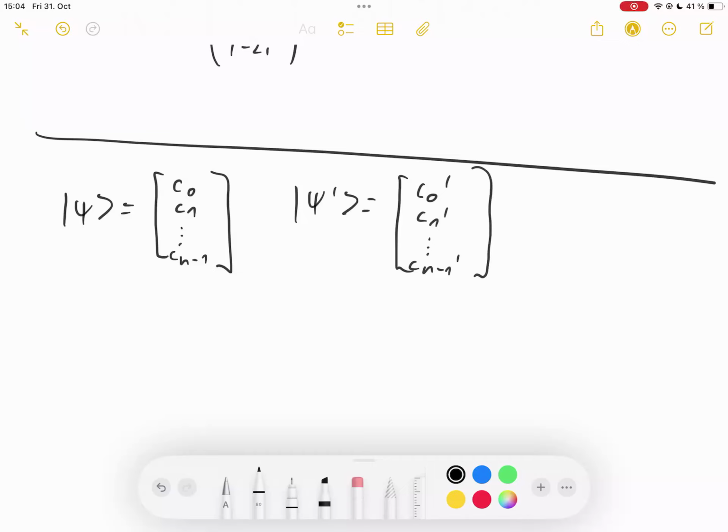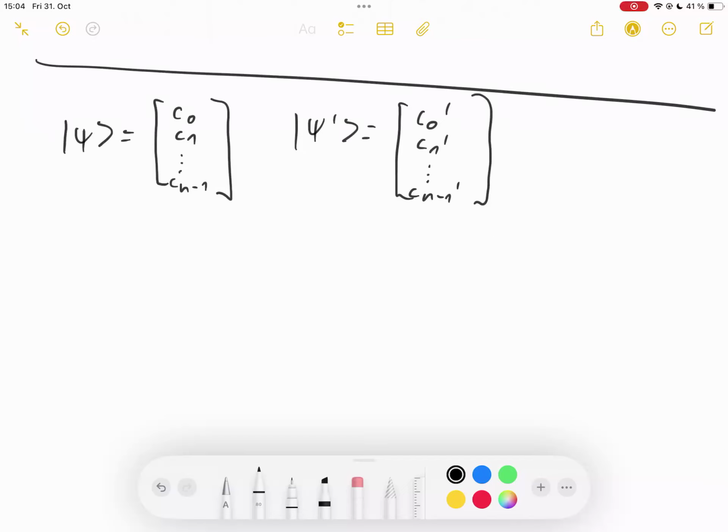And what I want to calculate now is, from the right, my |ψ⟩ ket, and I want to multiply this from the left with the ⟨ψ'| bra. This is a slightly simplified notation.